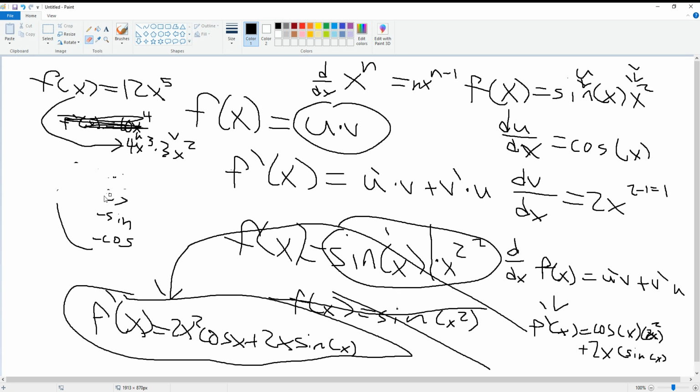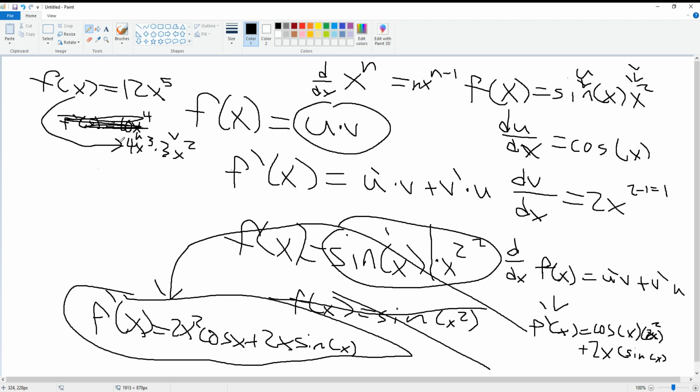But essentially, since we have those two functions as u and v, we can take a derivative for both of those, and then we can apply the product rule to get a derivative in the same way. And in some ways, maybe this could be easier, especially if they're separate and you have big numbers or something like that. But with this example, I'm just trying to show that it works.